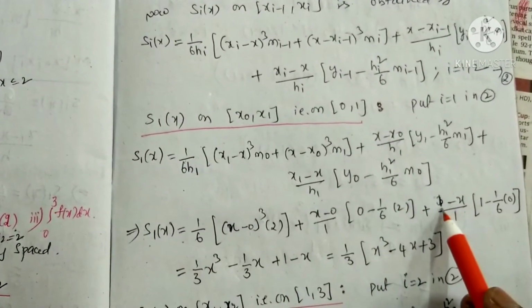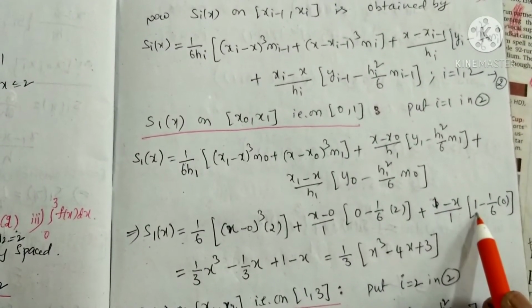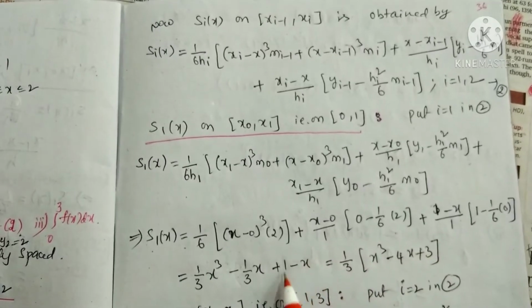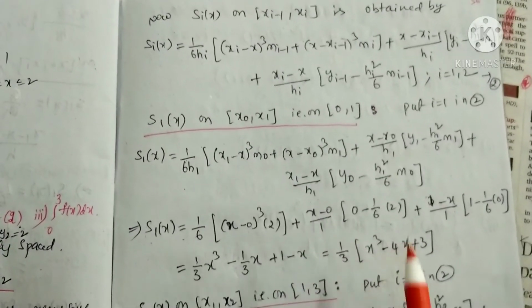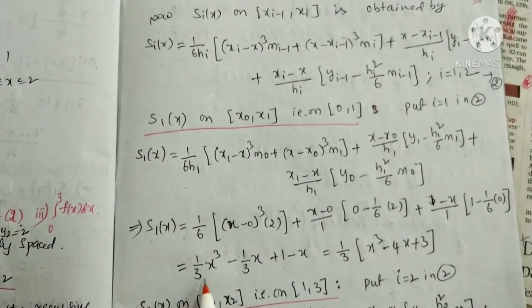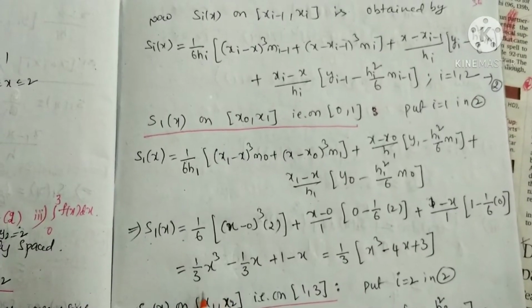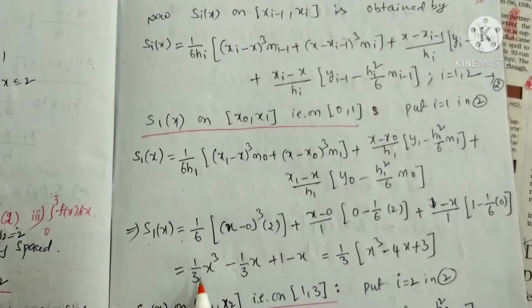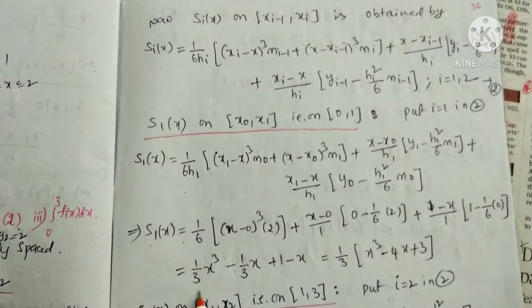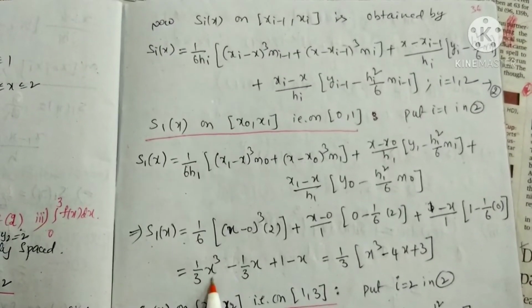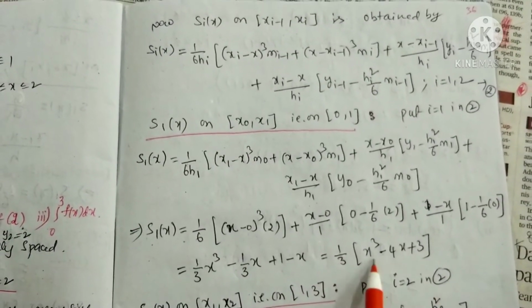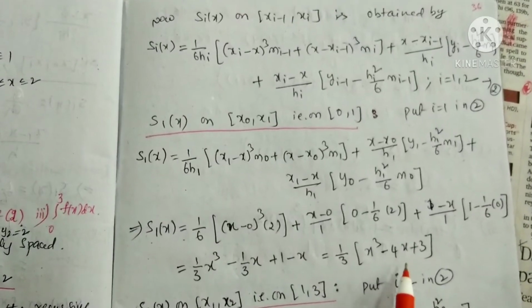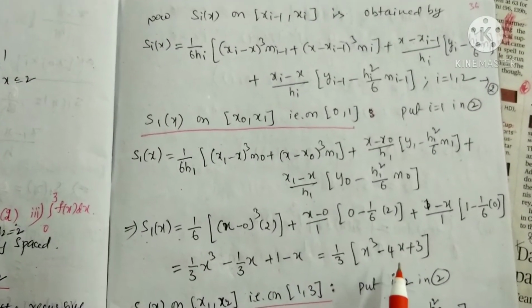This term is over, plus 1 minus x into 1, simply 1 minus x. Now by regrouping the terms, after taking LCM, it can be expressed as 1 by 3 into (x cube minus 4x plus 3). This is our s1 of x.